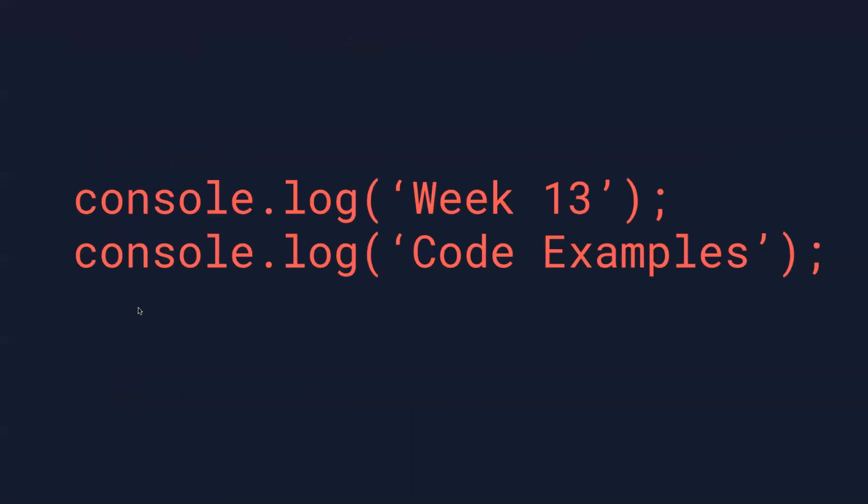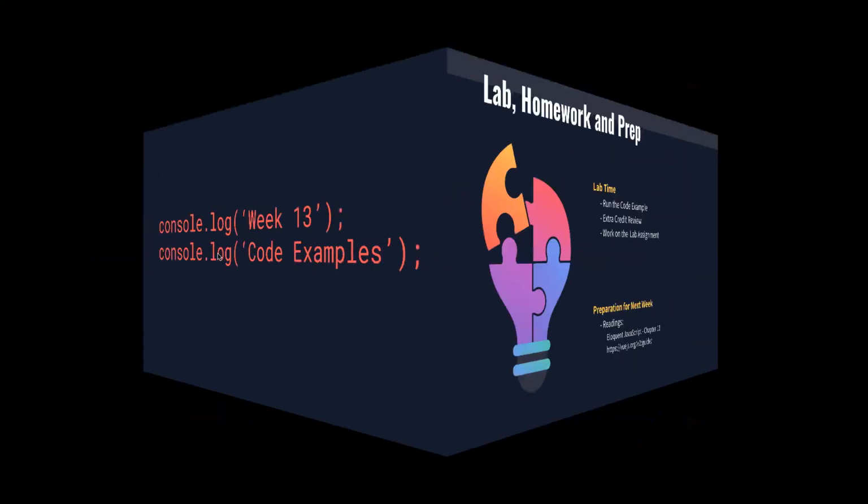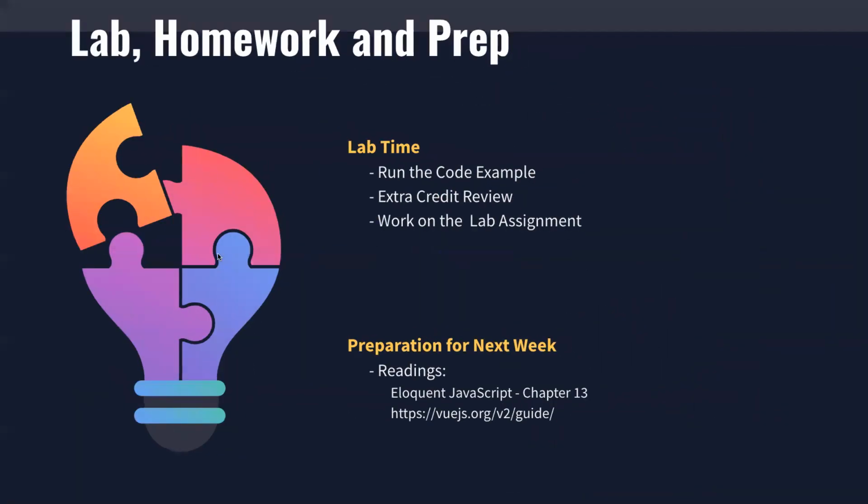All right, so we're going to be doing a code example, running through how to start using Vue in our HTML, having that two-way data binding, using those directives, and seeing the Vue model in action. You should definitely run the code example.